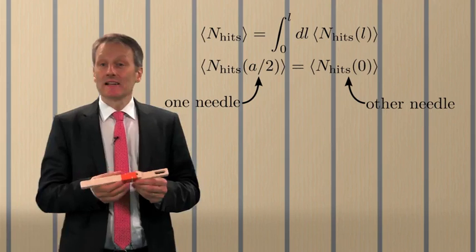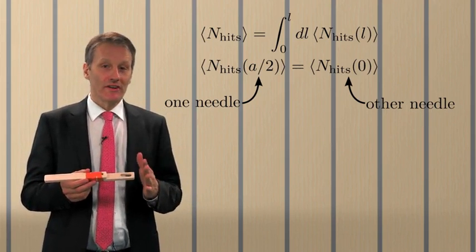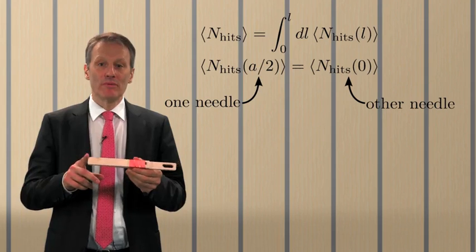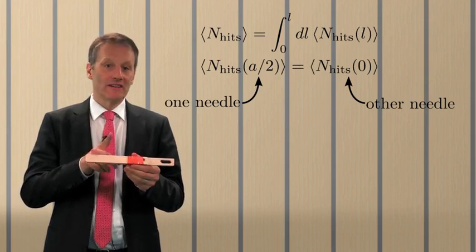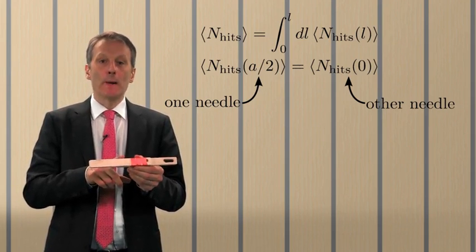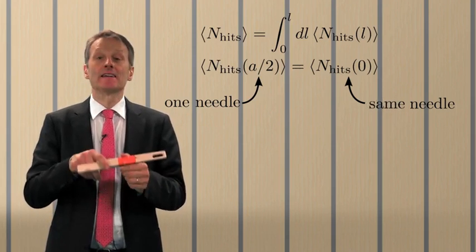But because these needles are equivalent, we have proven, more or less, that the probability or the mean number of hits at the center must be equal to the mean number of hits at the tip.